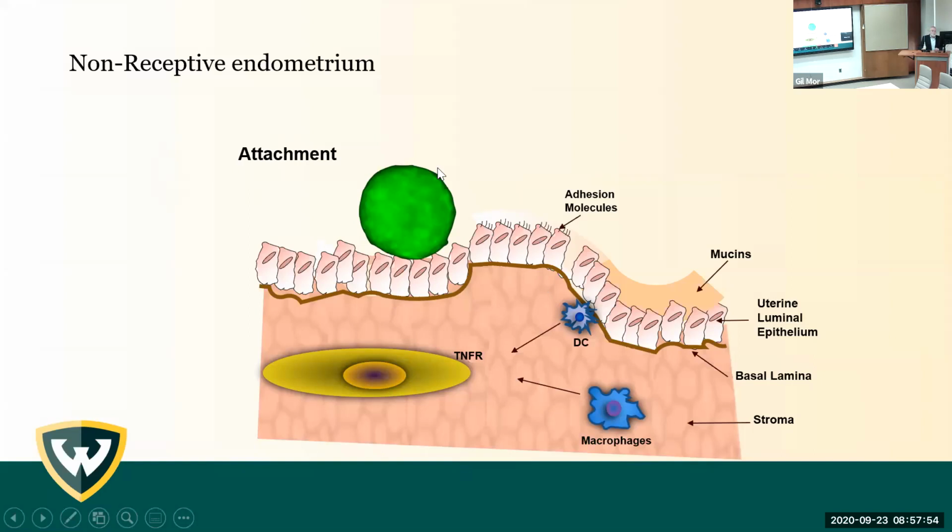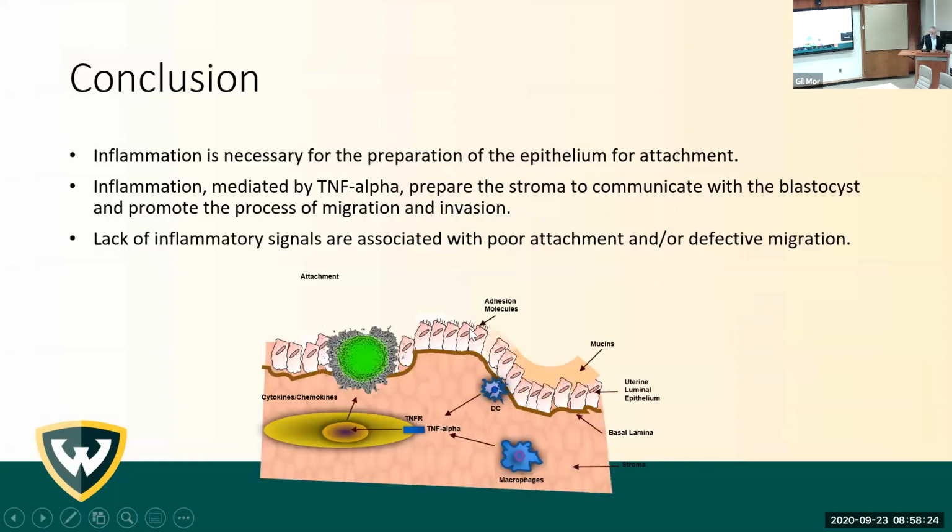You can have a second type of implantation failure. So what I'm proposing is that implantation failure is not only a problem of the epithelium, it's also a problem of the stroma. You can have a good epithelium, you can have a good attachment, but if the stroma cells are not properly educated or are not secreting the factors that they should secrete, the second part of implantation, the migration, will not take place, and that will lead to the loss of the pregnancy.